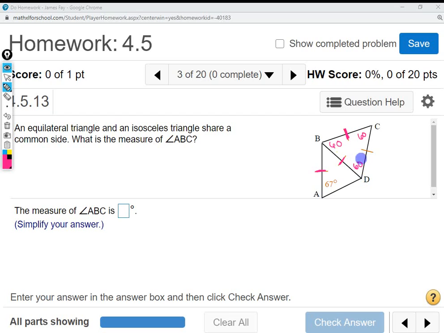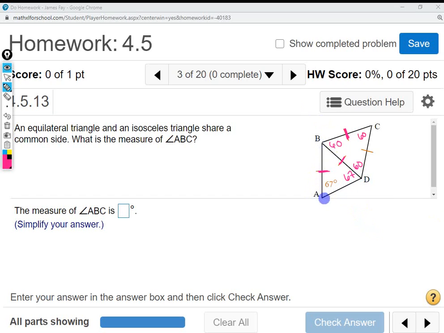Okay. But if I look over in this second triangle, if those are the sides that have marks in them, that's an isosceles triangle now, right? What does this angle right here have to be? 67. Okay. So if that's 67, how many degrees have you now used for this triangle?